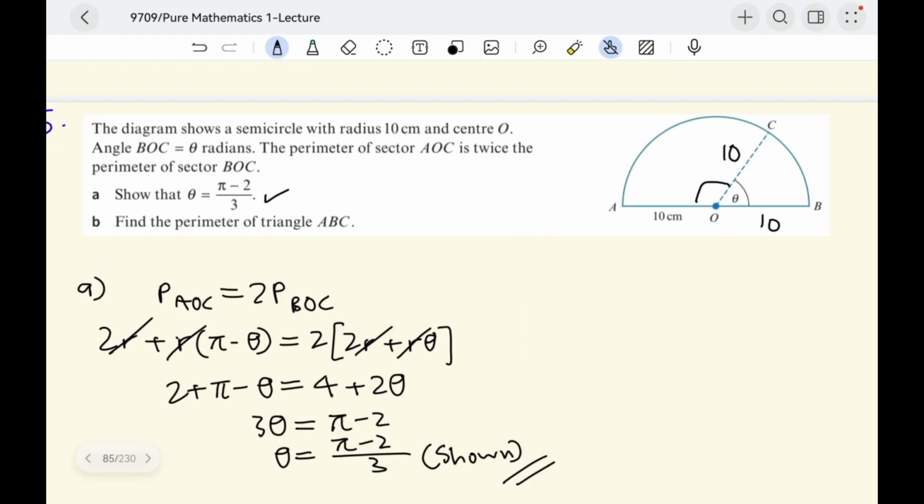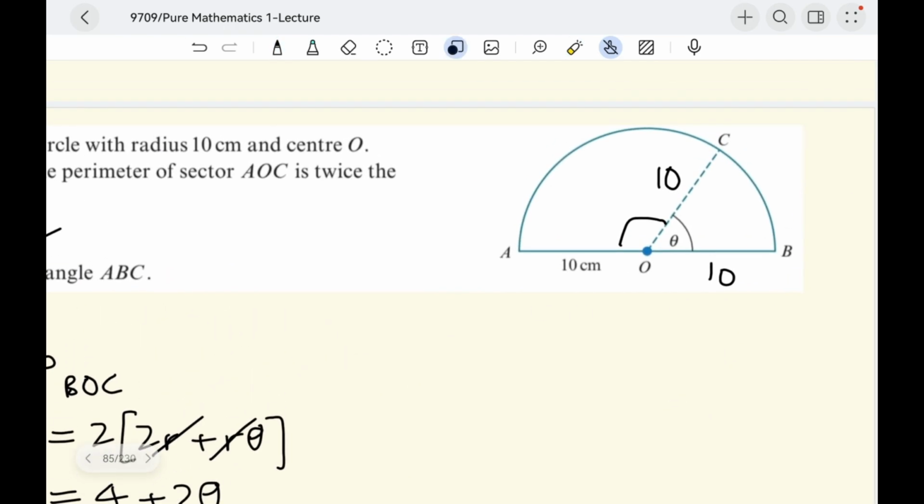Hence, find the perimeter of the triangle ABC. Triangle ABC means that we can draw a scalene triangle, and I may erase this away by using the stroke to reduce your confusion.